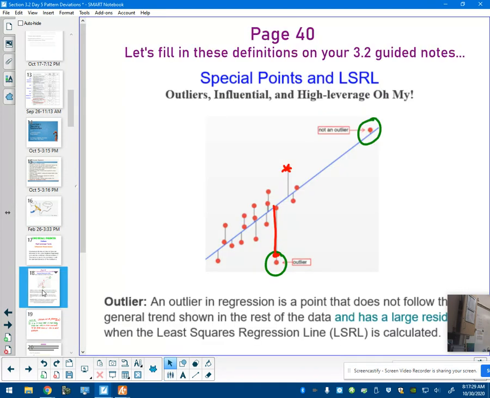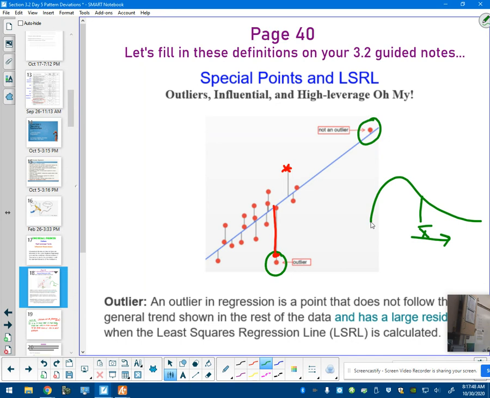High leverage points are kind of like what we talked about with skew. You know how skew draws the mean towards it? The mean will get pulled towards the skew. Well, high leverage points are the same thing in 2 dimensions.